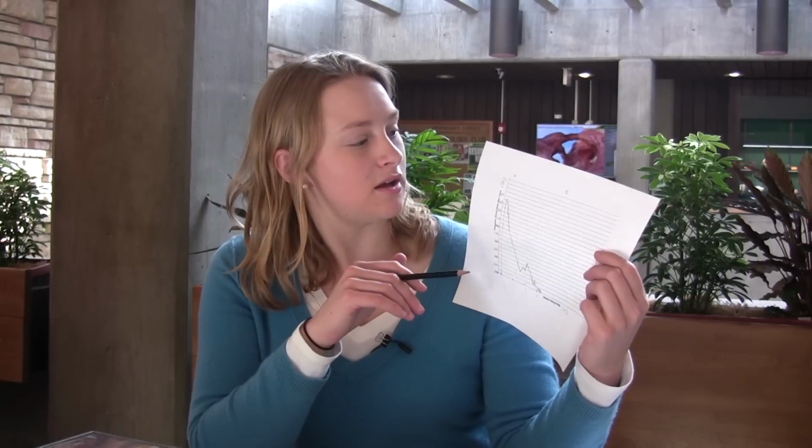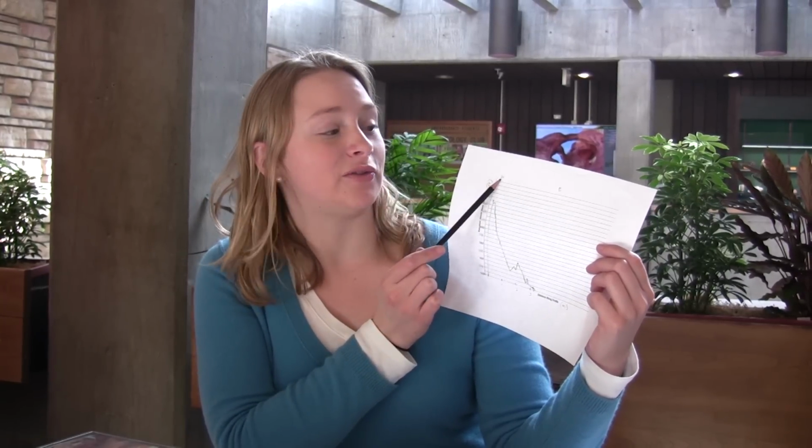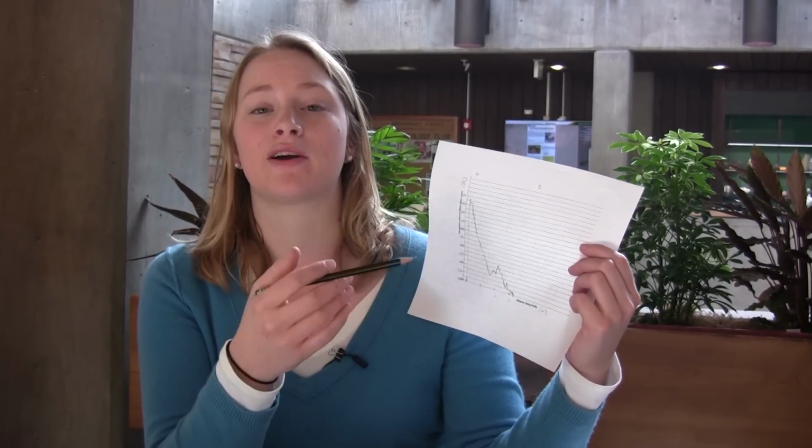So we have vertically exaggerated the topographic profile in order to make the changes in elevation clearer. If we were not to vertically exaggerate it, it would just look like a flat line, basically. I also have the directions labeled, so I have west over here and east over there. That's so you can orient yourself on the map where the topographic profile is.